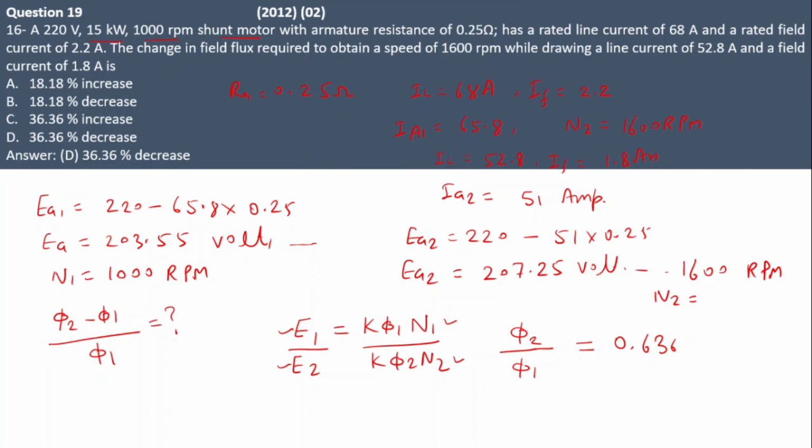You have to calculate phi2 minus phi1 divided by phi1, so minus 1 both sides. As you can see, it is minus, which means it is decreasing, 0.364, and it will be phi2 minus phi1 divided by phi1. So you can say into 100, percentage change 36.4%. You have to reduce the field by 36.4%. Option number D. Okay.